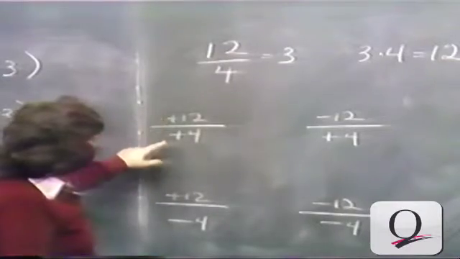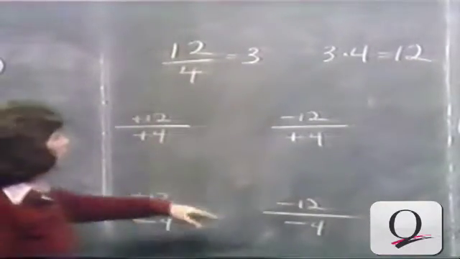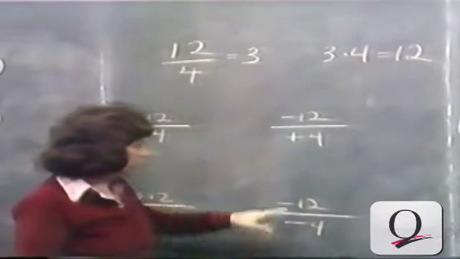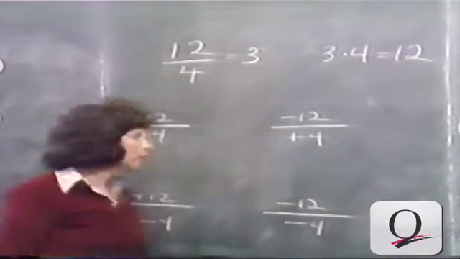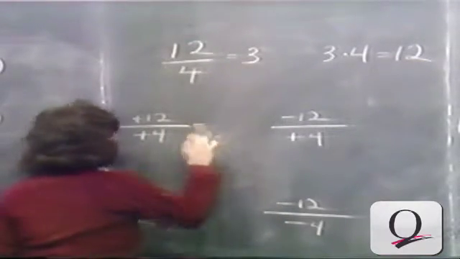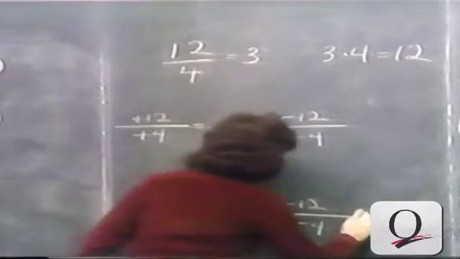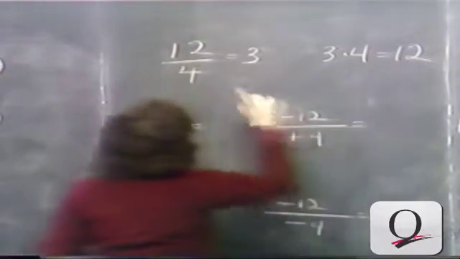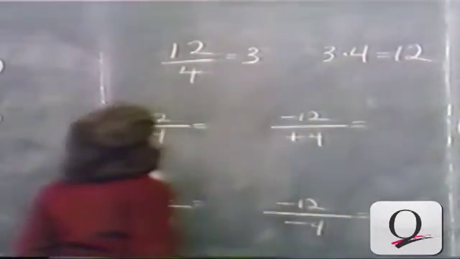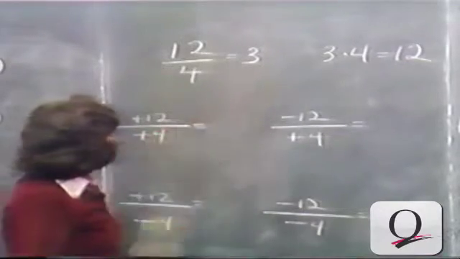A positive over a positive, a positive over a negative, a negative over a positive, and a negative over a negative. Okay, and we want to figure out what the answer should be in each case to be consistent with what we already know should be the relationship between division and multiplication.